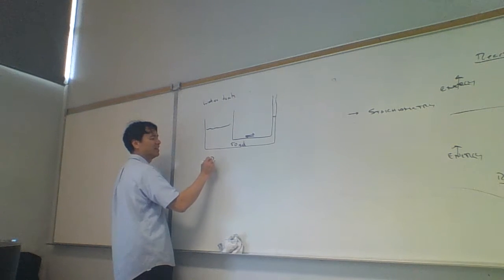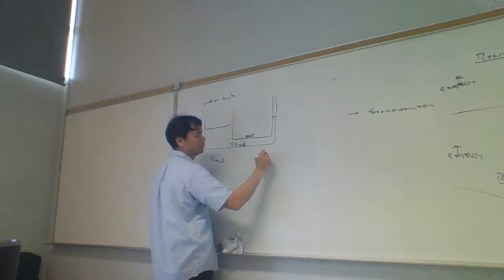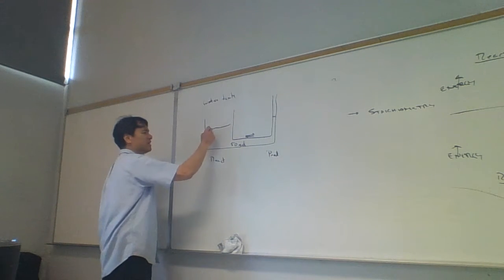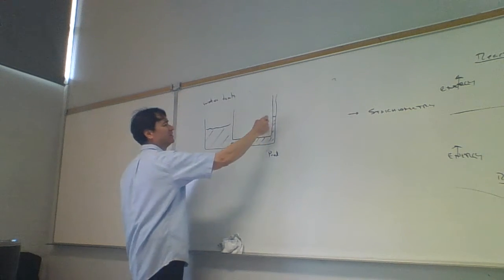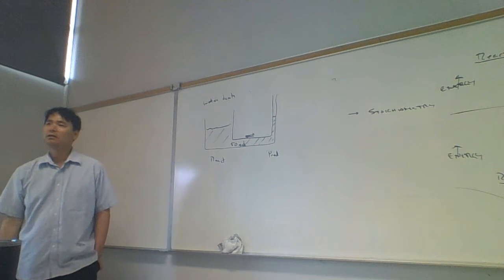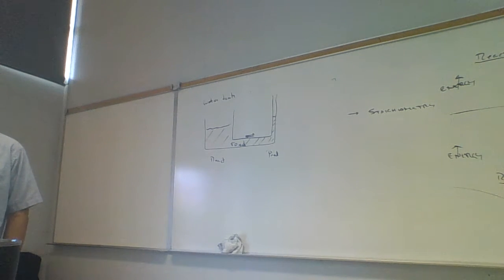The left tank we're going to label as the reactants. The right tank we'll label as the products. So looking at this water tank, which side is favored? Well, most of the water is on the left tank. And so the same thing goes with atoms.